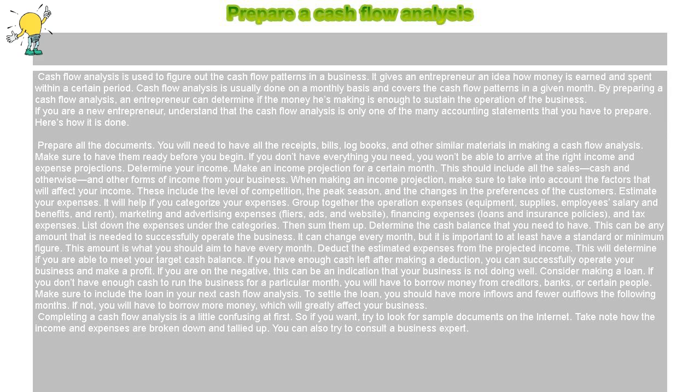Group together the operation expenses: equipment, supplies, employees' salary and benefits, and rent; marketing and advertising expenses: flyers, ads, and website; financing expenses: loans and insurance policies; and tax expenses. List down the expenses under the categories. Then sum them up.